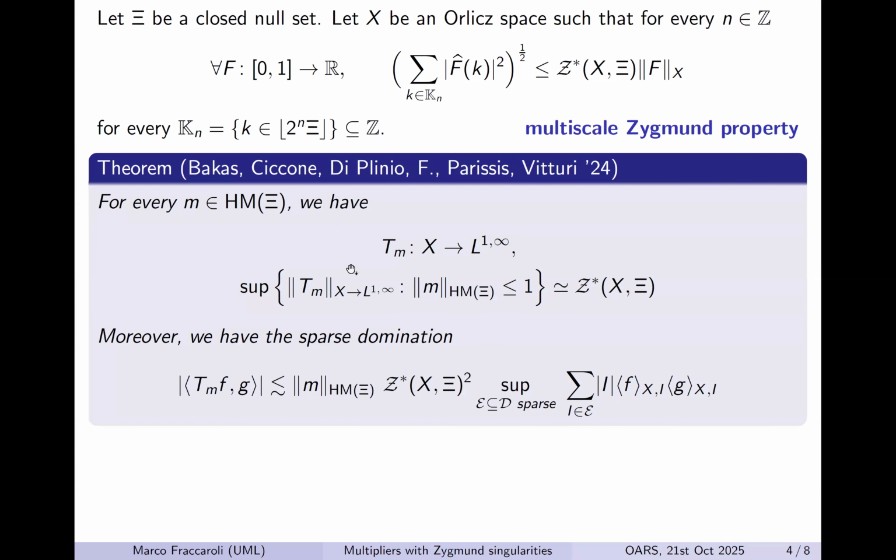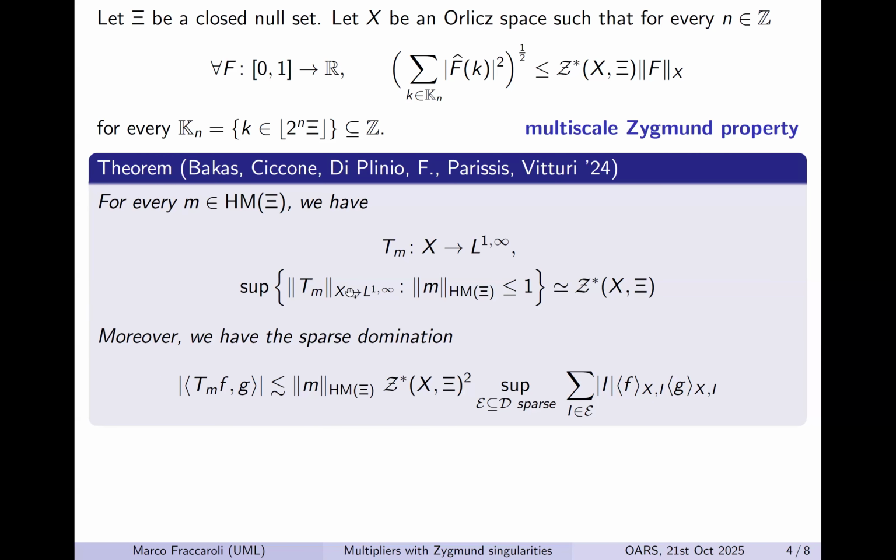Then the kind of endpoint estimate that you can expect for multiplier operators given by functions that are Hörmander-Mihlin with respect to this set of singularities Xi is from X to weak L1.